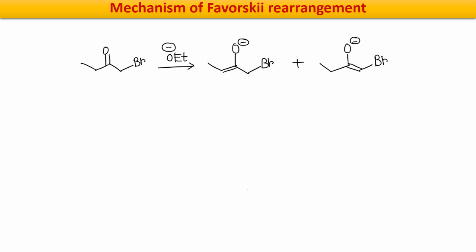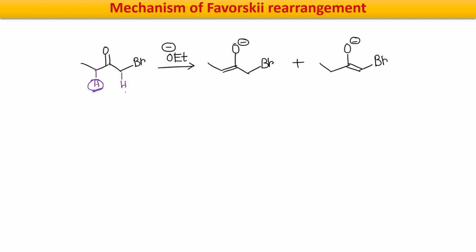Mechanism. So in this mechanism, the Lg is Br, and if you see this substrate properly, here you have 2 different types of hydrogen. But obviously we will be focusing on this hydrogen, because when you consider the enolate which is generated by removing this hydrogen, if you remove this left hand side hydrogen, you will be getting the first enolate.